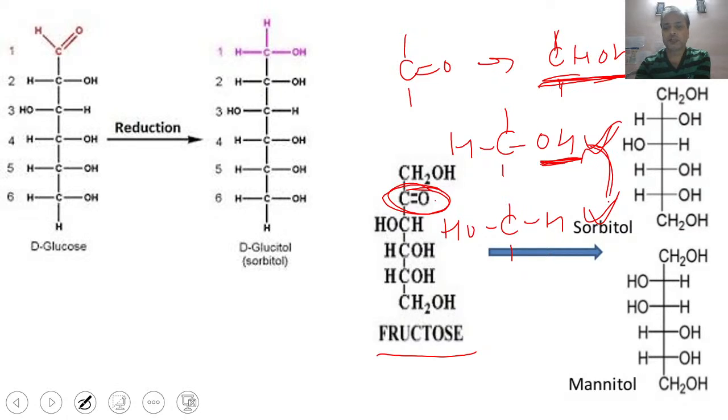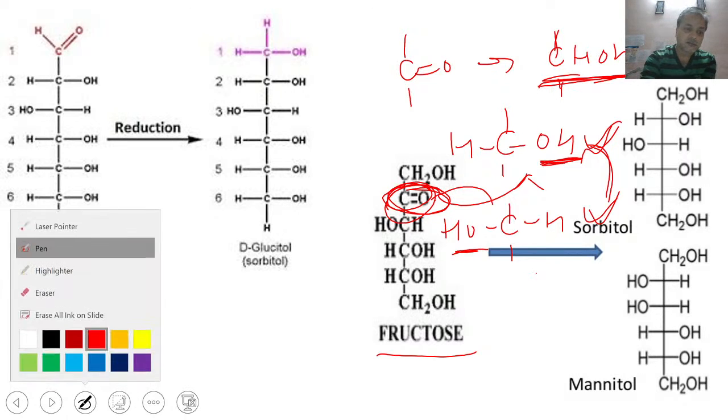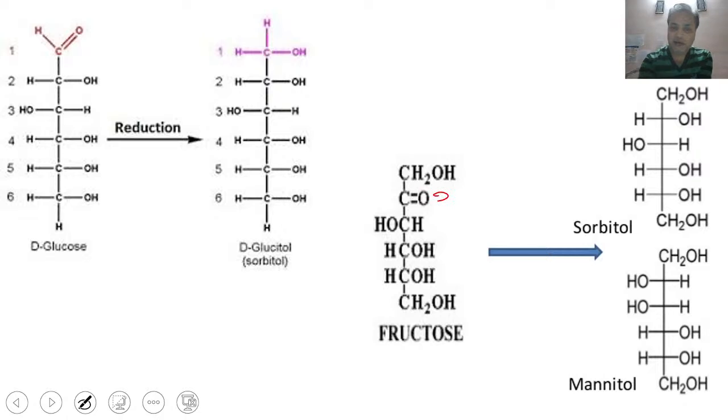sorbitol. So if this C double bond O is reduced and gives this type of product, with the OH on the right-hand side, it will give you sorbitol. And if reduction gives another product where the OH is on the left-hand side, it is called mannitol.